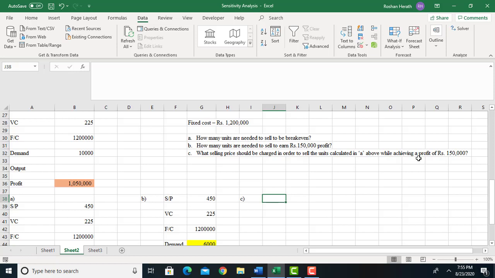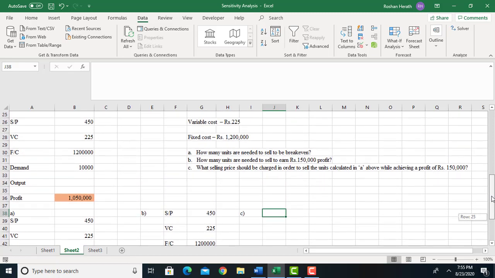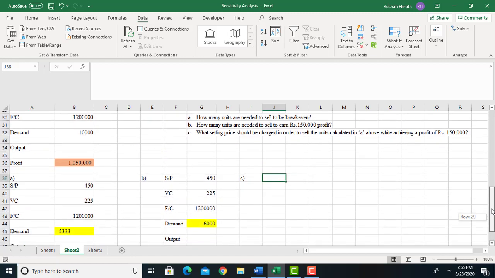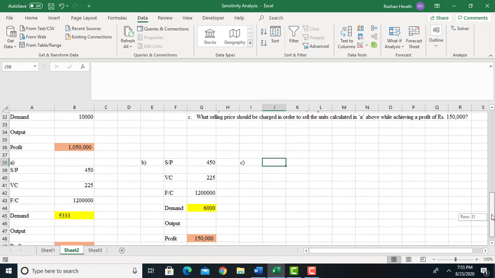That is, in the sense, this first requirement, while achieving a profit of 150,000. You want to earn 150,000 profit, but you want to keep the same number of units as you derived in part A above, and you want to change the selling price to achieve that.